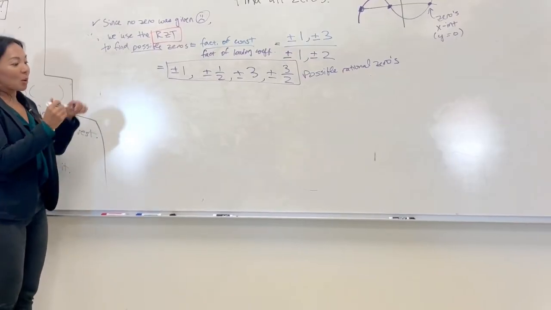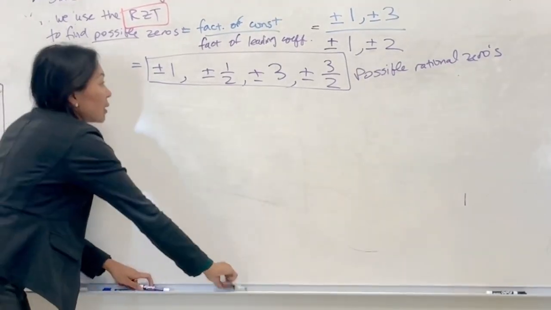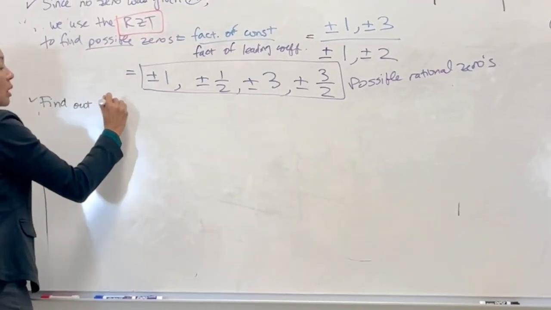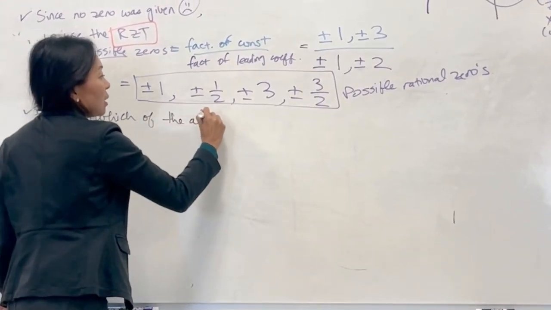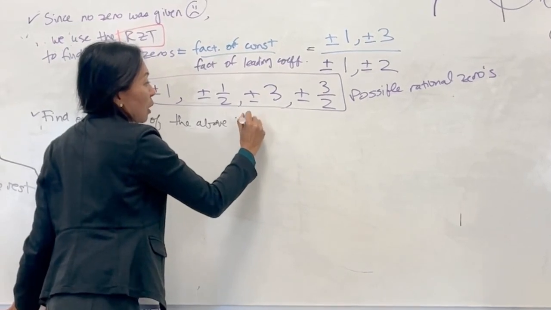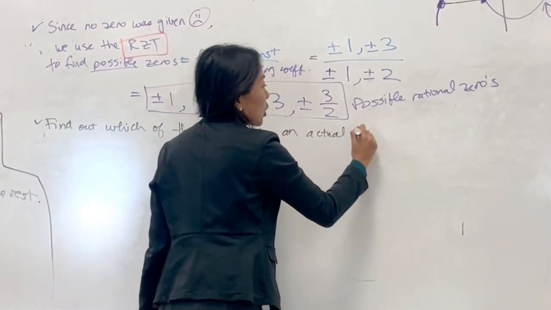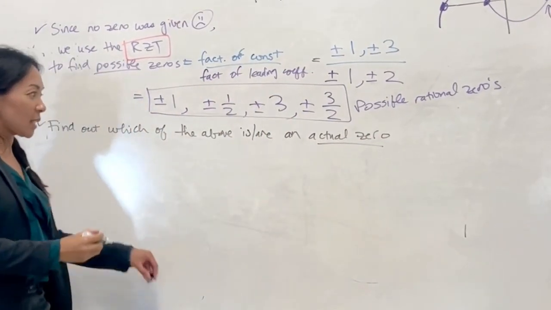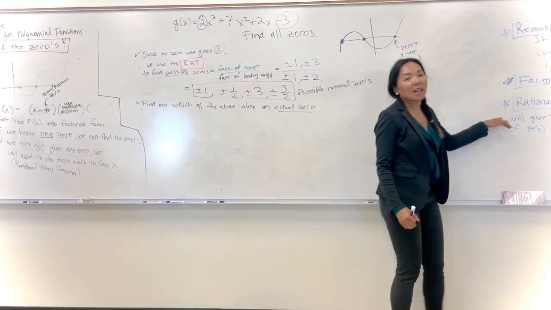So now that we know that, we are going to find out which of the above is or are an actual zero. So which one really is it? Because these are just possibilities. We want to know which one is the actual one. So guess what theorem I'm going to use to find that out?